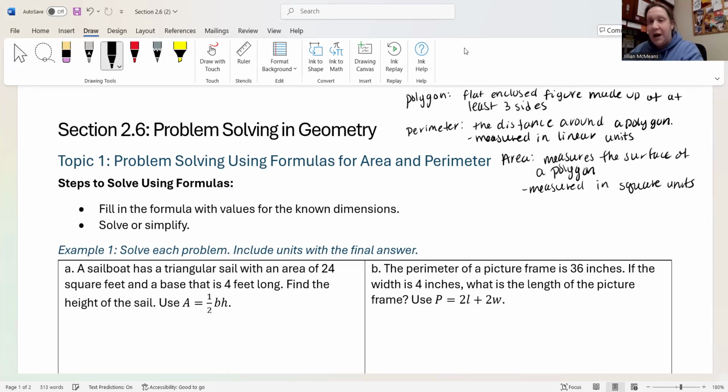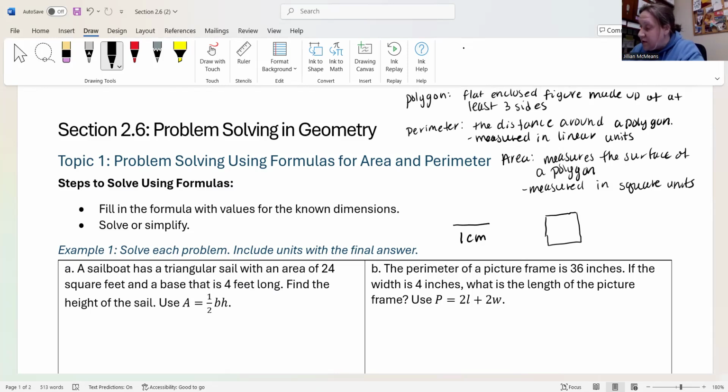And I'll show you how this is with our first example that we're going to look at in just a bit. But imagine you're looking at the perimeter and you're measuring it in centimeters. You're just adding the length of centimeters, so linear centimeters. When you're dealing with area, in order to cover the surface of a two-dimensional figure, you have to use a two-dimensional figure to measure that. So we would look at a centimeter squared, or a square that literally measures a centimeter on each side.